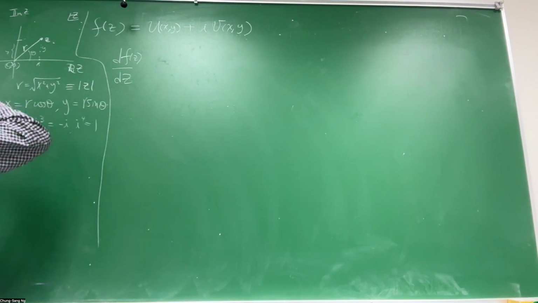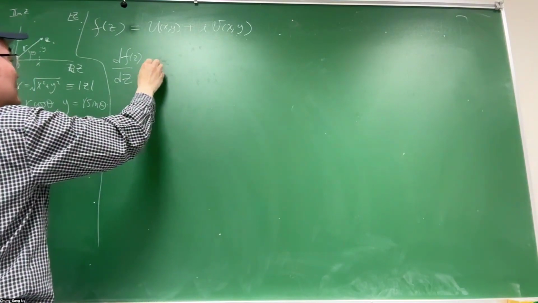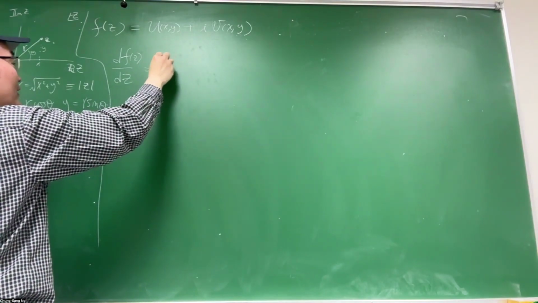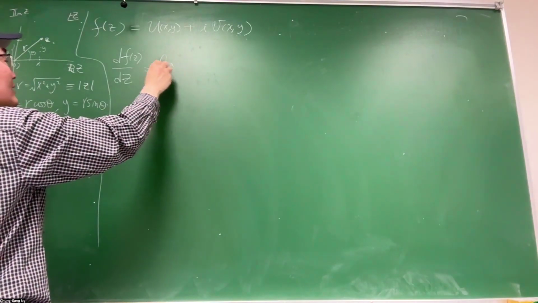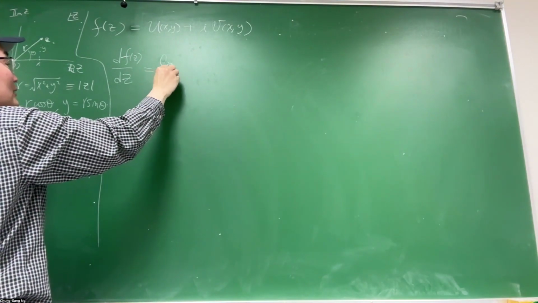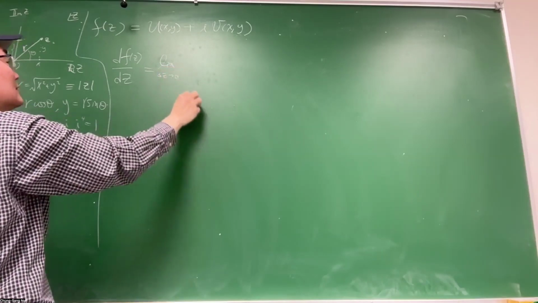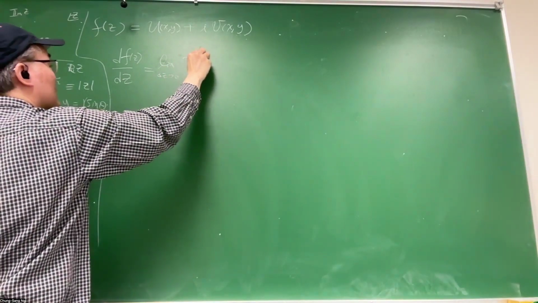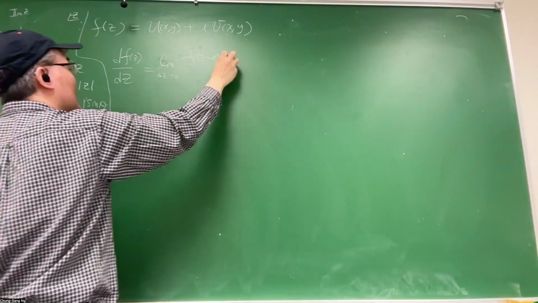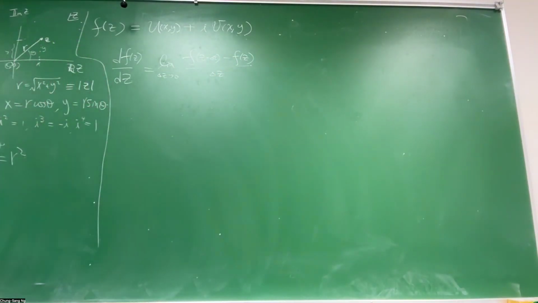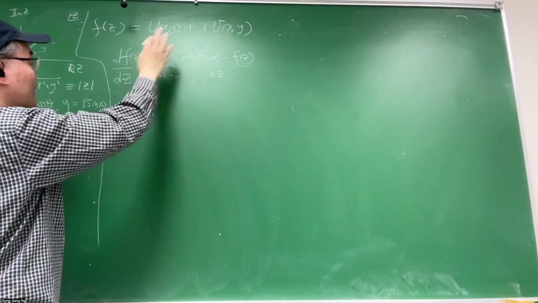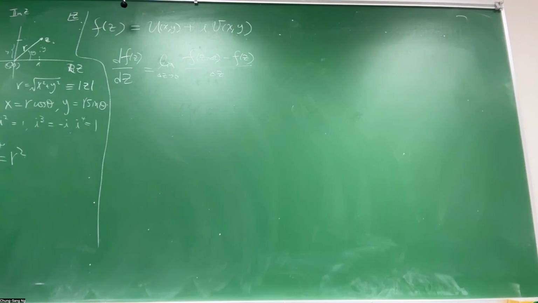The idea would be fairly straightforward. It's the same definition as for a real function: the limit as the increment of z tends to 0, of f(z + delta z) minus f(z), divided by delta z. Okay, so if you change z to x, it's exactly the same as if you define the derivative of a real function.